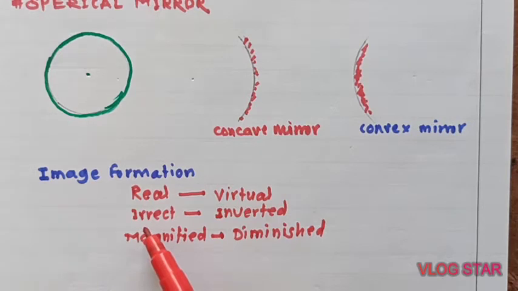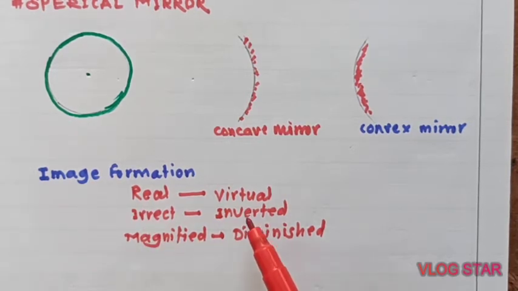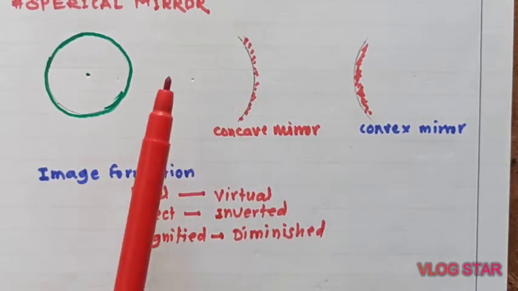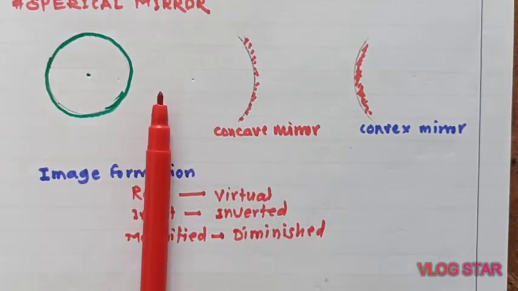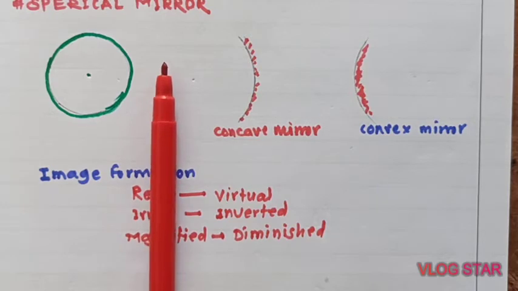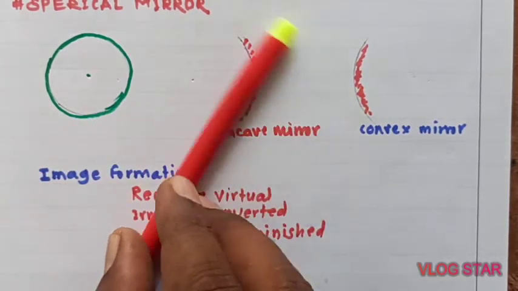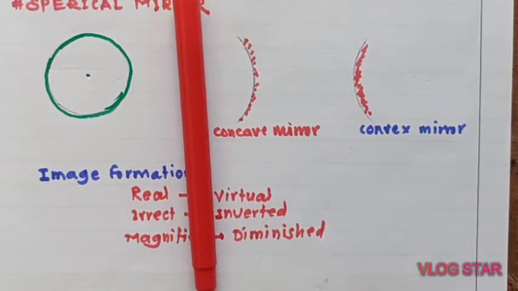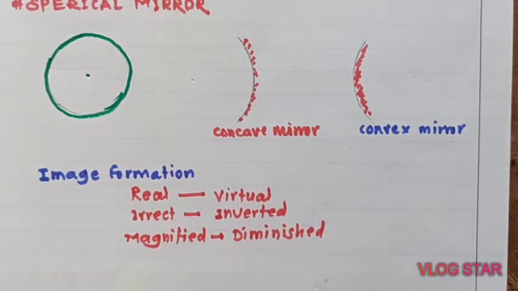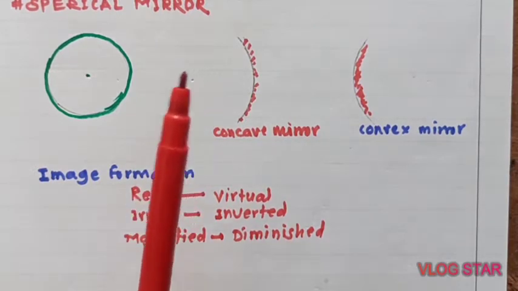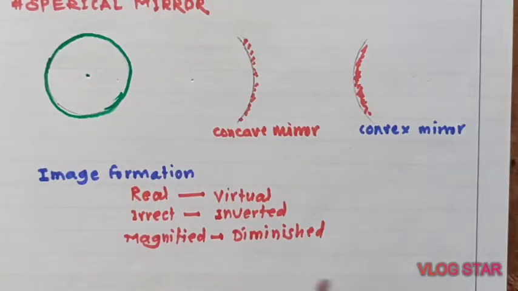Secondly, you may be asked whether it is erect or inverted. Erect means it is like this, straight, right side up, and inverted is upside down. So that is the meaning of erect and inverted.